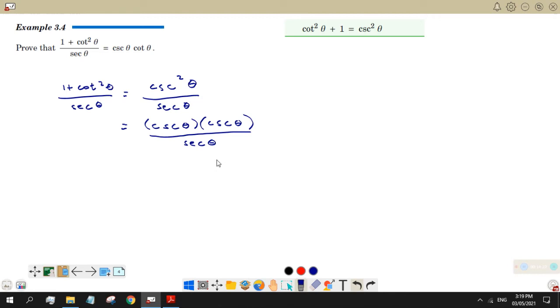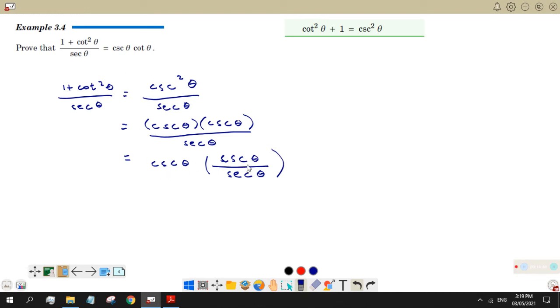Okay? Now, let's simplify. Ang gagalawin na lang natin itong isang side ng factor natin. So, dito sa kabila, we have cosecant theta over secant theta. Ito na lang yung concern natin kasi nakuha na natin si cosecant theta on this side.